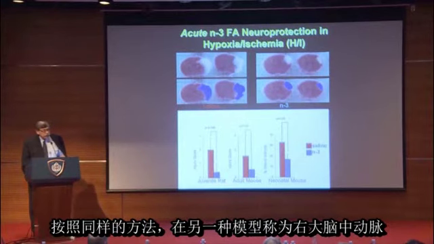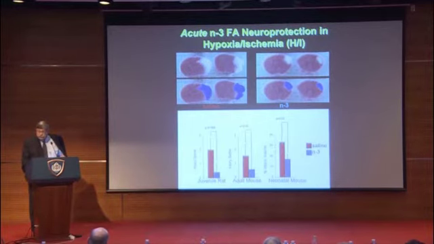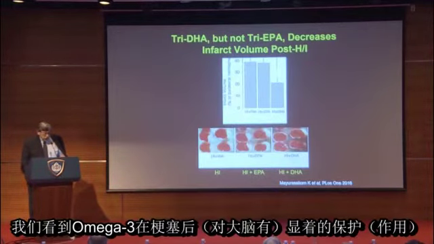We've done this also in another model called right middle cerebral artery blockage, which is direct blockage, and we get exactly the same results. And so we see marked protection against infarct.